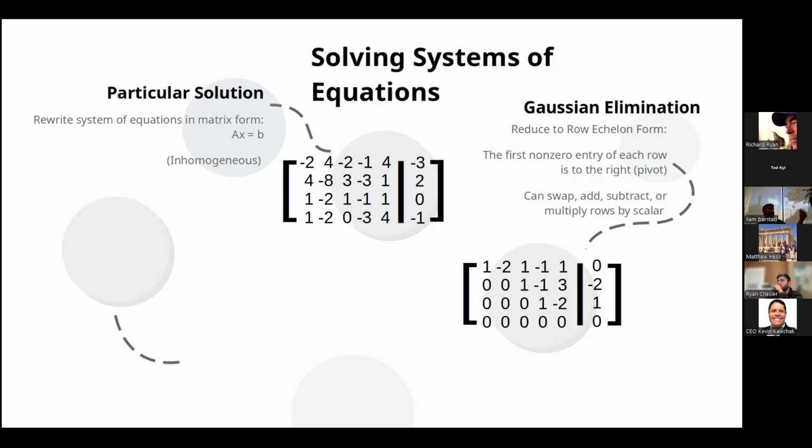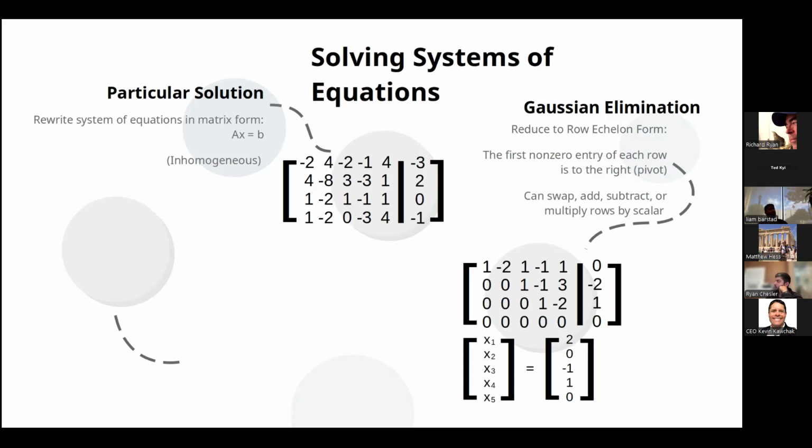You can get there by swapping some of those rows. You can add a row to another row. You can subtract a row from another row, and you can multiply rows by a scalar. So eventually you can simplify it into row echelon form by doing that. You can use that to solve the system of equations and get values for x1, x2, x3, x4, x5.